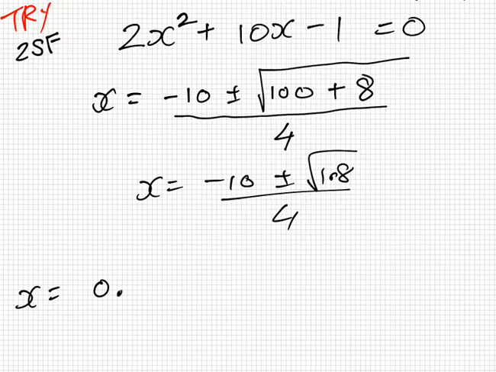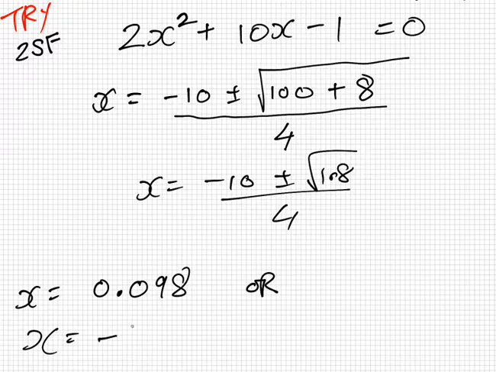Okay. Let's practice one. So let's say we have x squared plus 10x minus 1 equals 0. I want to solve this, and let's give the answer to 3 significant figures.